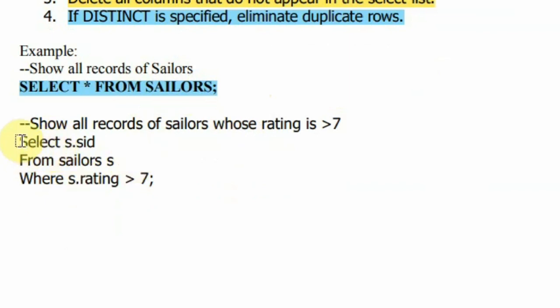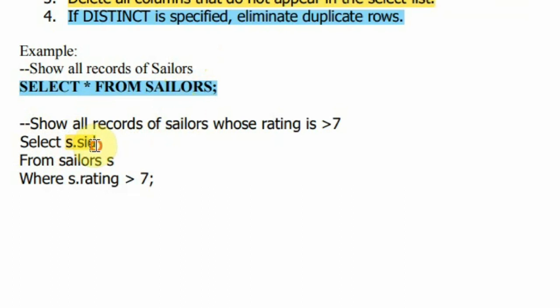Here is another example where we include the where clause. The query is to show the records of sailors whose rating is greater than 7. For that, I don't want all the attributes from the sailors table, I just want the SID.